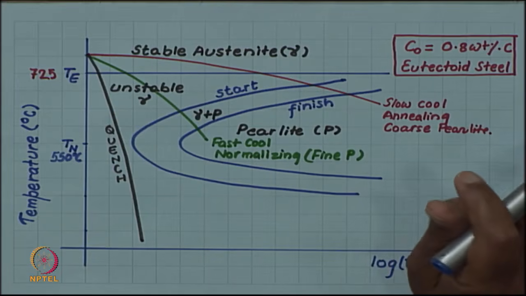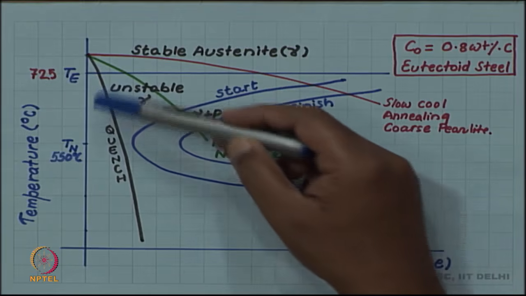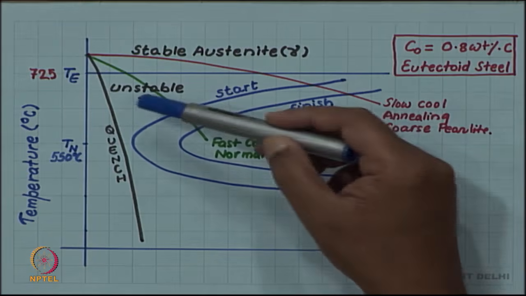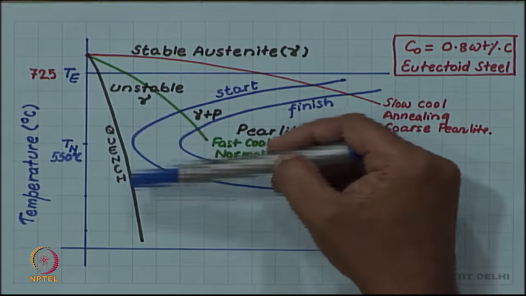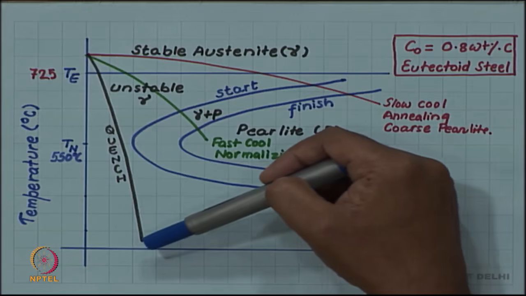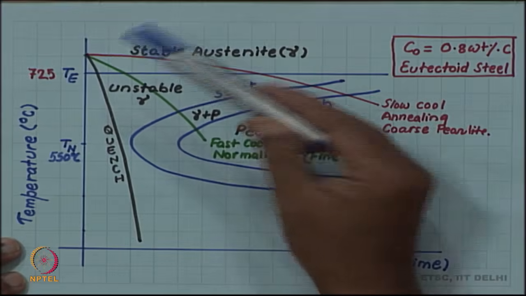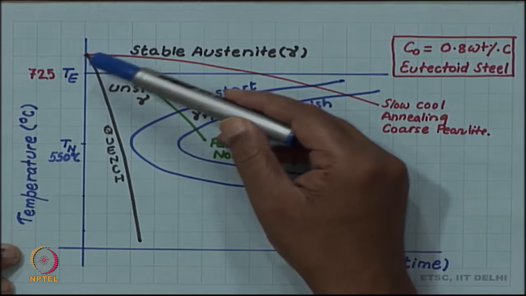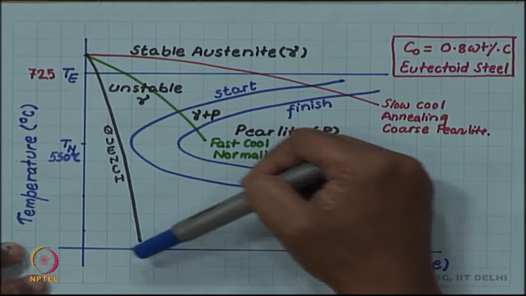When we cooled the liquid so fast that it missed the nose of the C curve, then we retained the liquid structure right down to room temperature, and that was supercooled liquid or glass. So, one possibility was that if we cool austenite very fast, do we retain this high temperature phase, this austenite, down to room temperature?